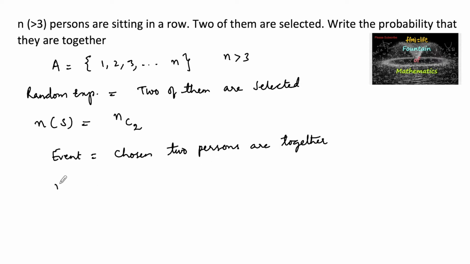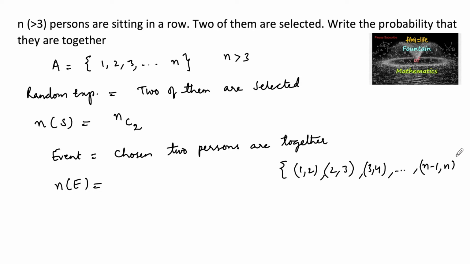So we can write the number of elements in the event, since together means we can consider 1, 2, or 2, 3, or 3, 4 and so on, or n minus 1, n. So finally we have n minus 1 ordered pairs, among which we can select 1.